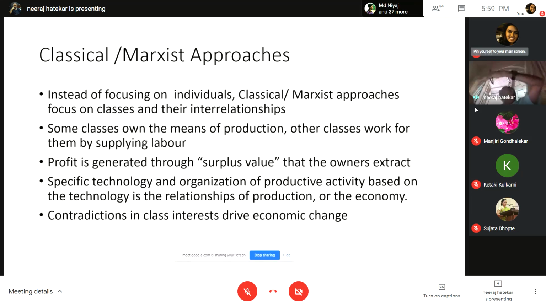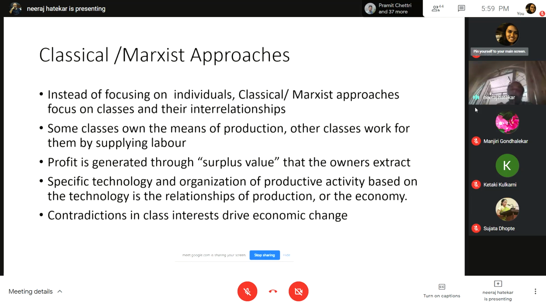For example, in Marxist political economy, workers sell their labor to capitalists, and capitalists produce a surplus value from this. Then there are certain dynamics because the interests are antagonistic to each other. Class conflict happens and society undergoes changes, so basically there is dynamism in society. So what is the economy in this context?